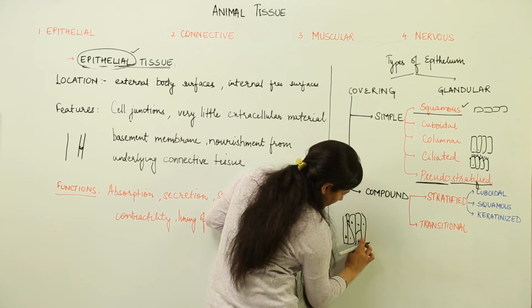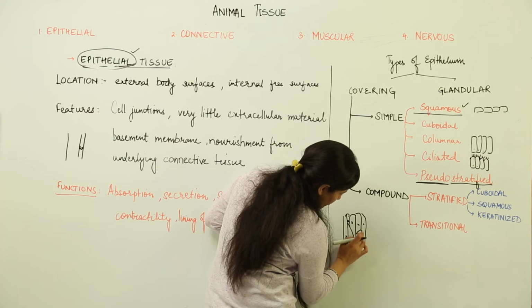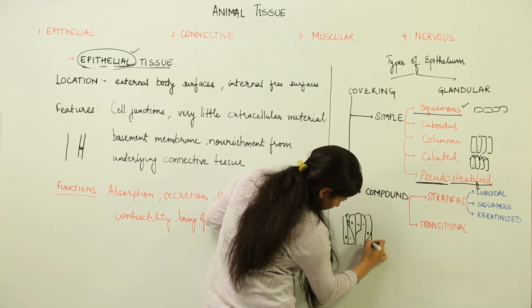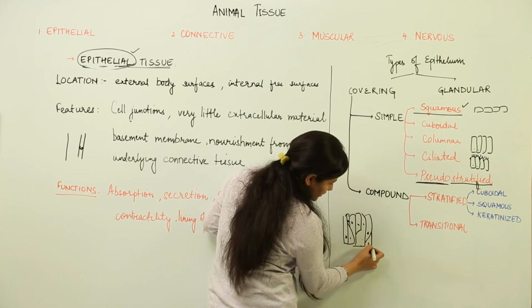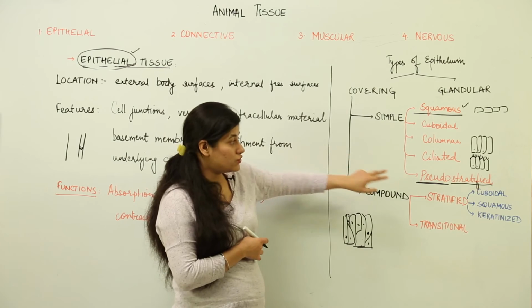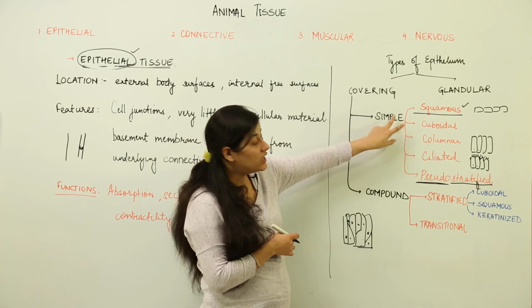As you can make out, there is only one cell per layer, but they appear to be two. Such is pseudo-stratified epithelium. It is somewhat thick, but it is still a simple one.